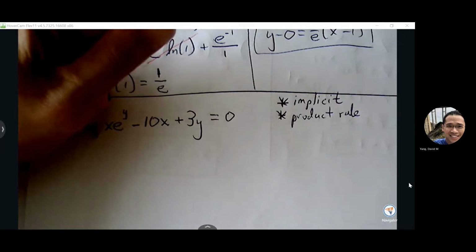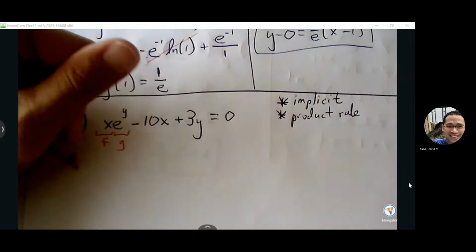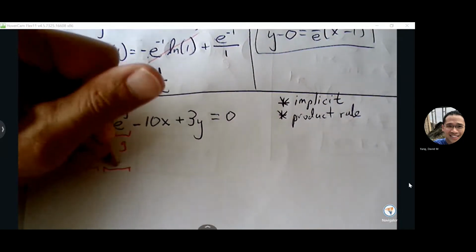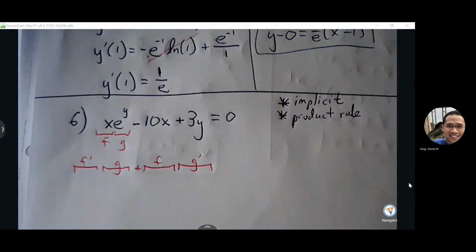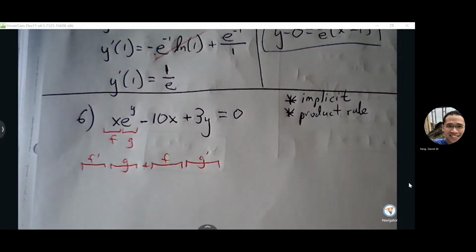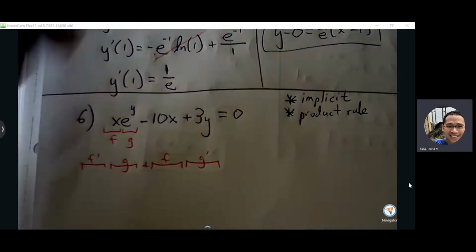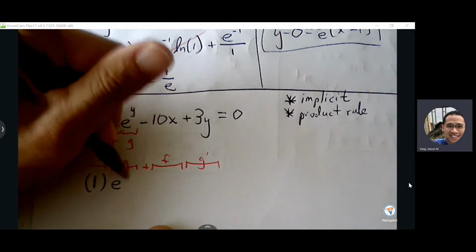Okay, so f prime becomes just 1. G function, no changes.